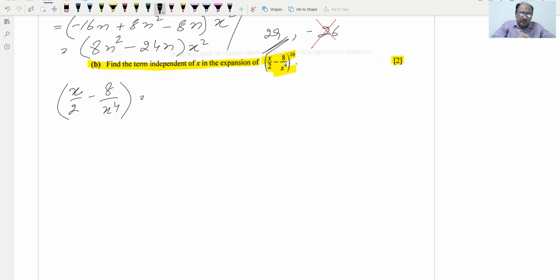So we can take 10C2, and this will result in the term which is independent of x. So it will be (x/2) raised to the power 10 minus 2, which is 8, and (minus 8/x^4) raised to the power 2.